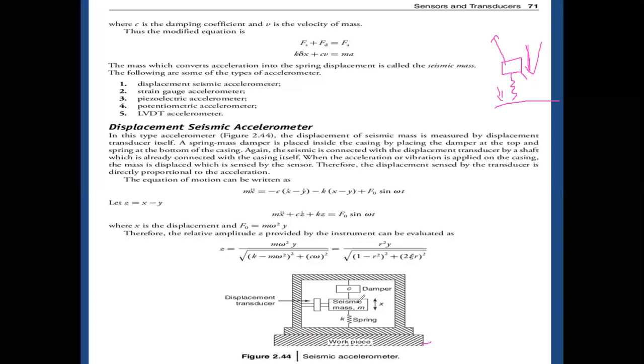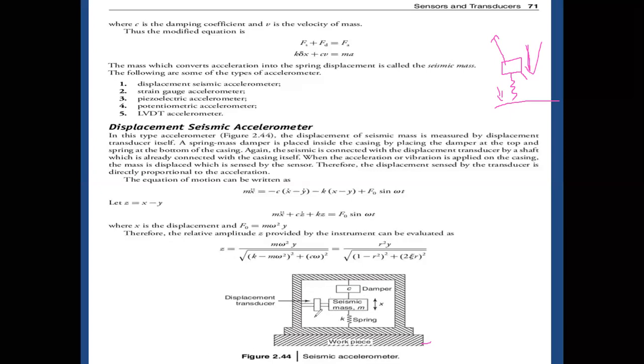The seismic mass also gets some deviation or deflection, some movement. The amount of displacement of the seismic mass is measured by the displacement transducer.